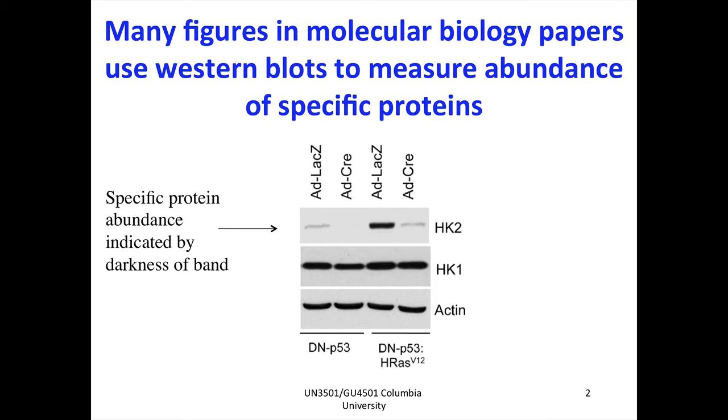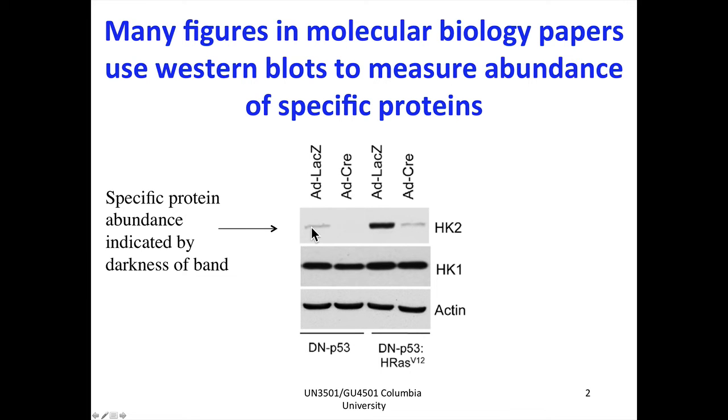So one type of figure that occurs in many molecular biology papers is a so-called Western blot that's used to measure the abundance of specific proteins. So let's take a look at one of these example figures here.